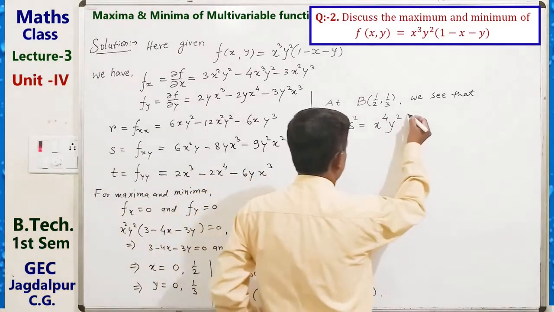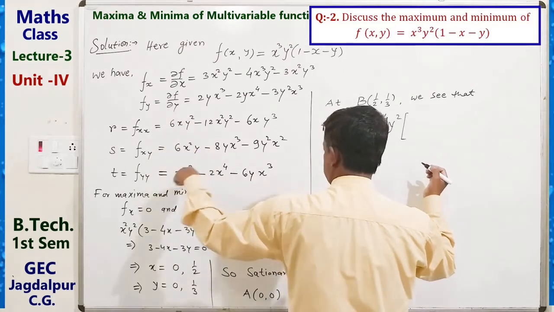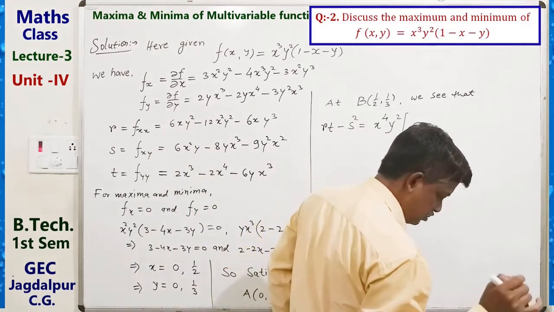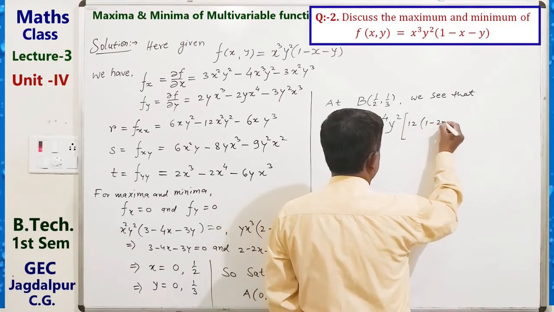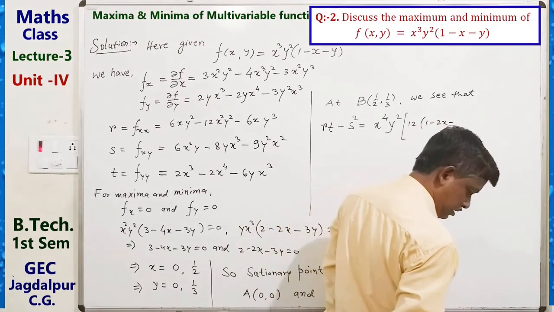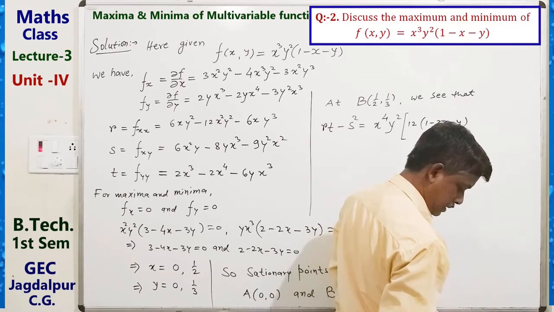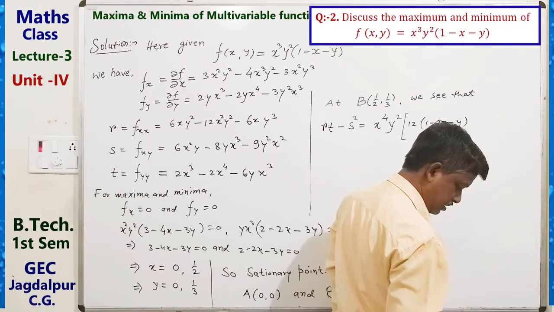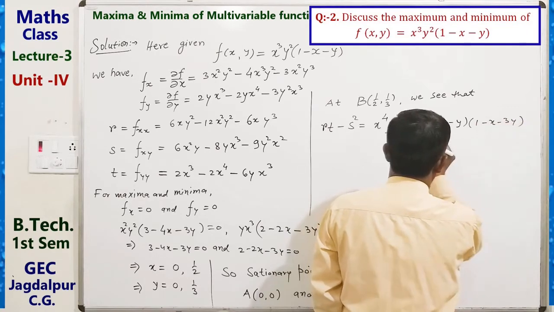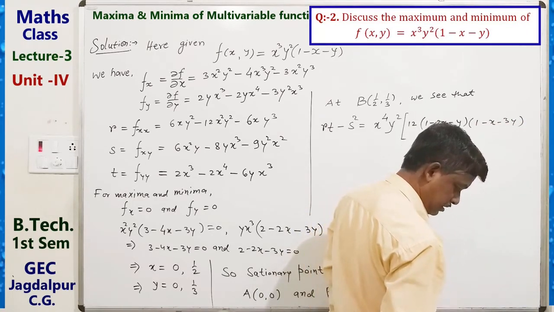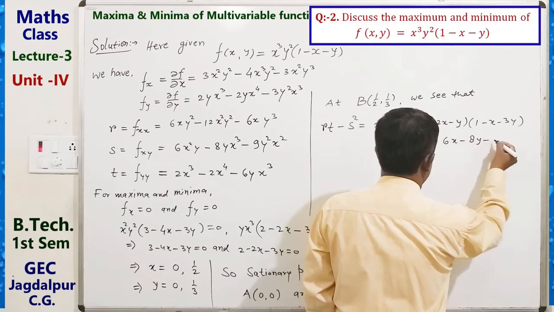In this side the multiplication factor we can write like this: 1 minus 2x minus y, 1 minus 2x minus y, 1 minus x minus 3y, 1 minus x minus 3y minus 6 minus 8x minus 9y square.